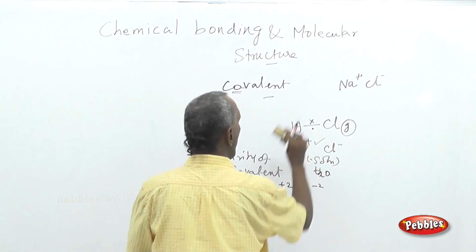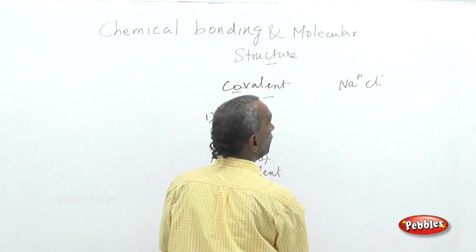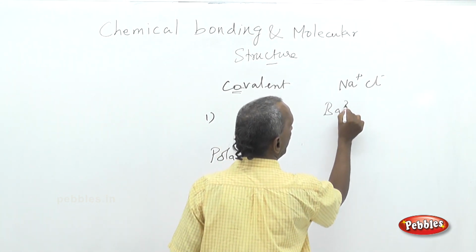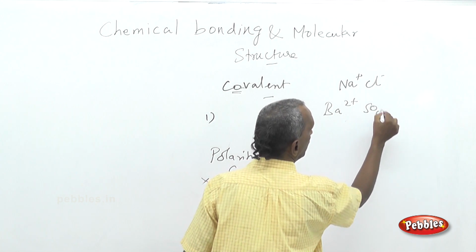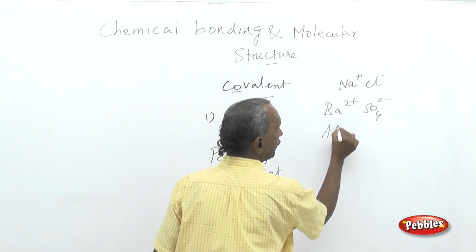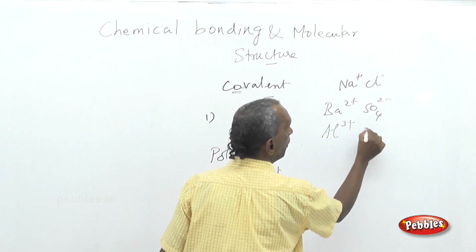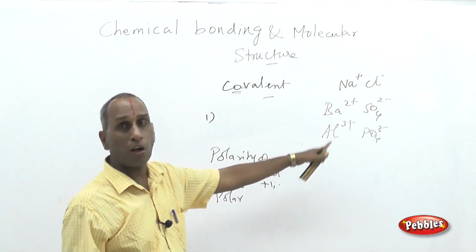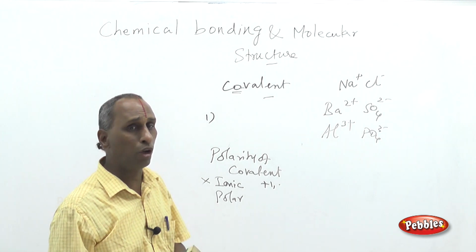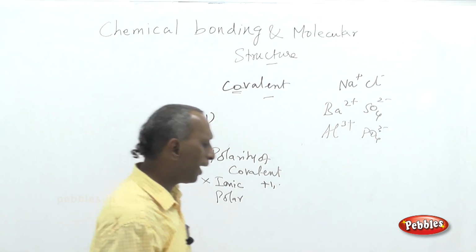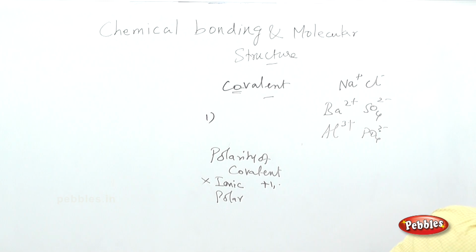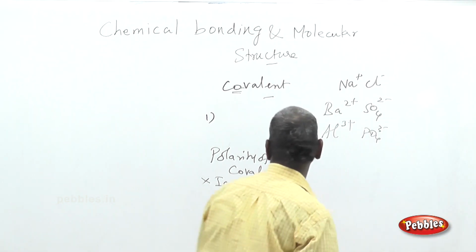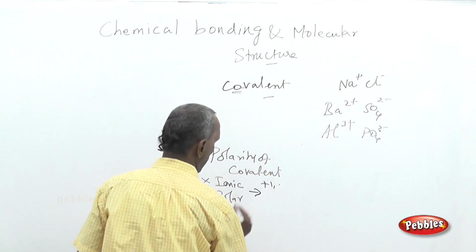Take barium sulfate, Ba2 plus SO4 2 minus. Take aluminium phosphate, Al3 plus PO4 3 minus. In this way, the charges are always integral positive or integral negative, and that is the characteristic aspect of an ionic compound.